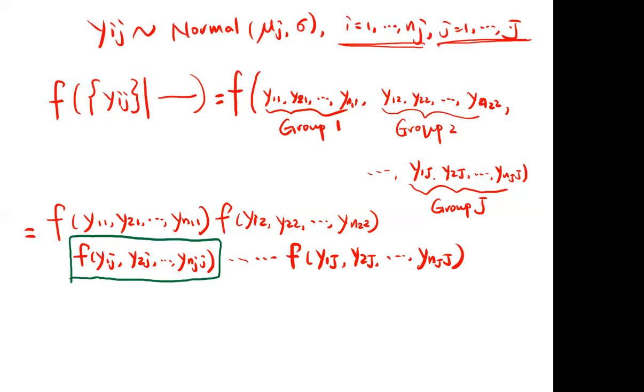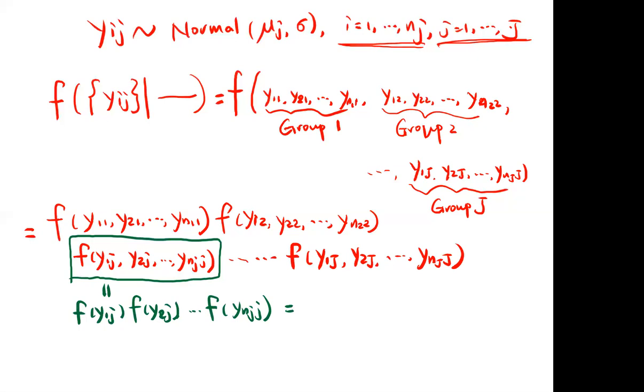Fix a j, and all of the observations independently follow a normal distribution. So because they're independent, I can multiply y1j, y2j, and then ynjj. That's where the first product comes into play.